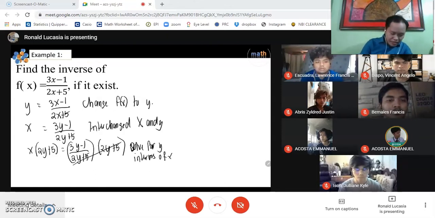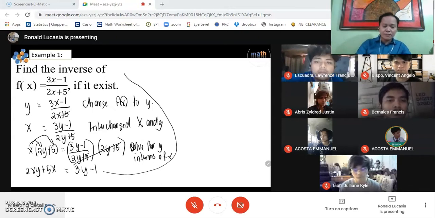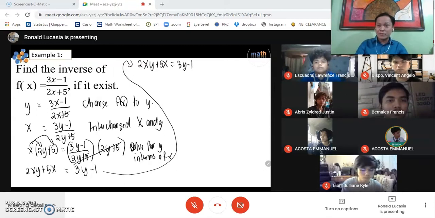Okay, so we have there 2xy plus 5x, we multiply, is equal to 3y minus 1. Let me write this one on the last part. That's 2xy plus 5x is equal to 3y minus 1.